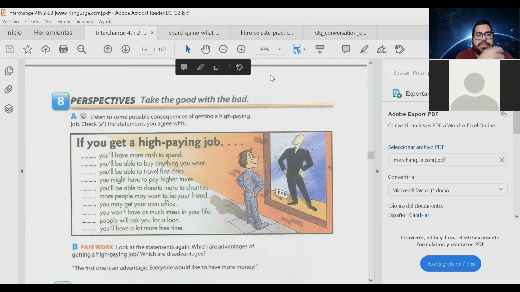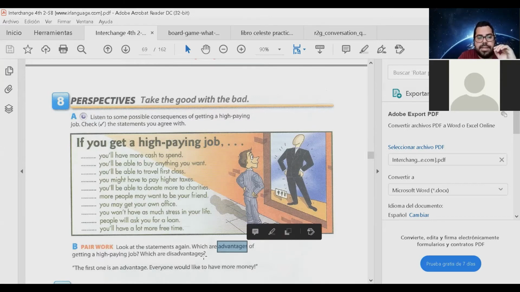Both. Okay. Yeah, I agree. You have more cash to spend. You will be able to buy what you want. That's an advantage, guys. Ventaja, right? Advantage, disadvantage. The word I'm saying, guys, is in here. Advantage. And disadvantage.